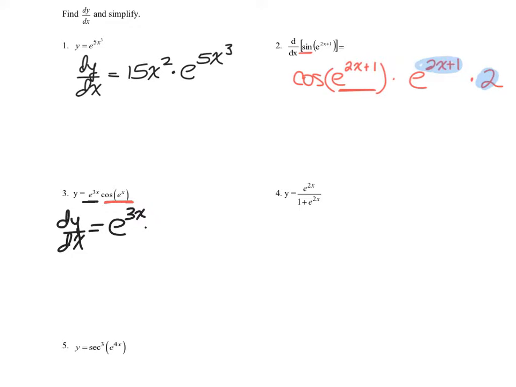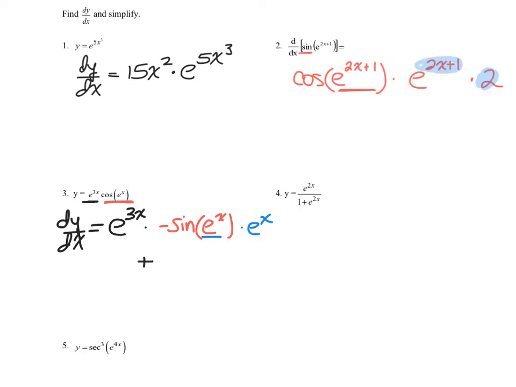All right, so function within a function. The derivative of cosine is negative sine of e to the x, multiplied by the derivative of the inner function, which would be e to the x.